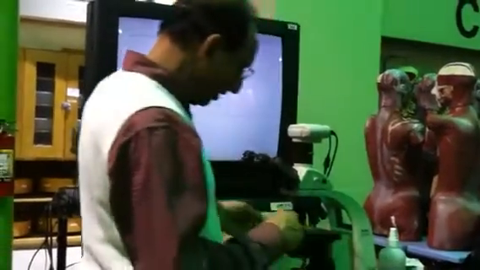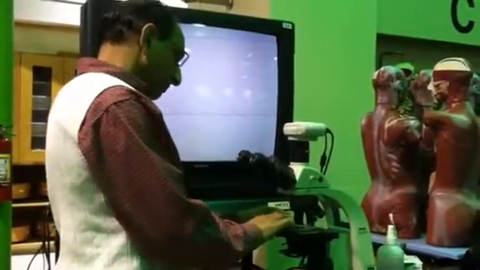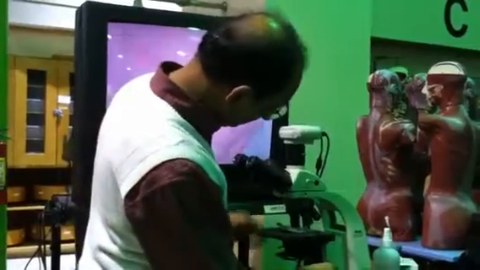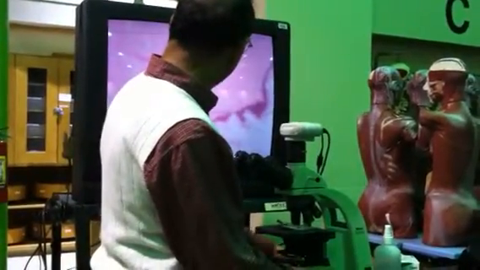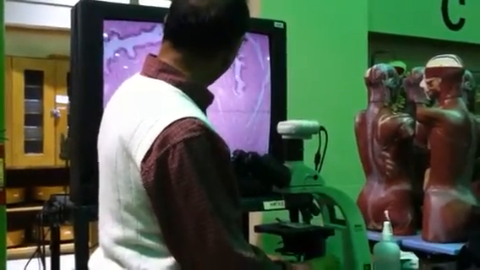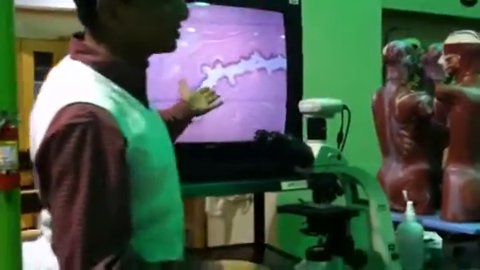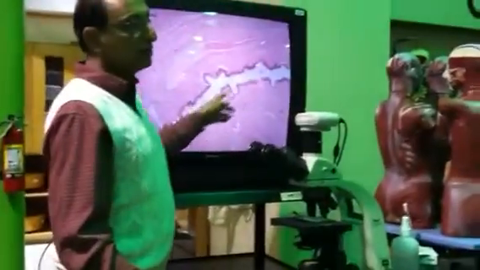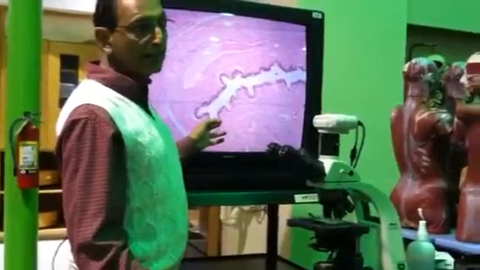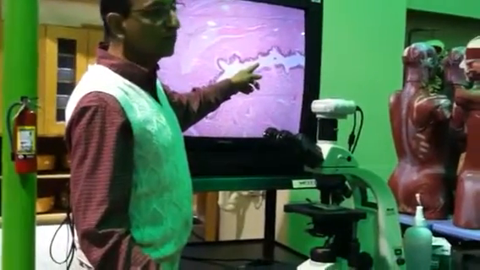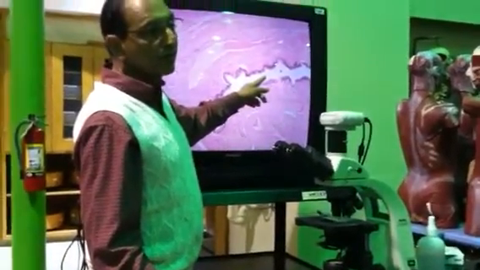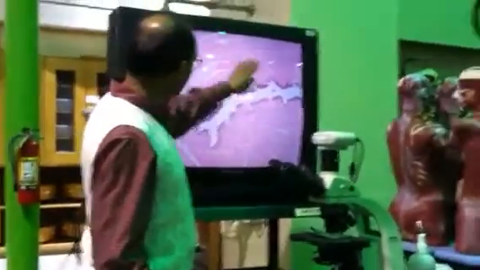Okay, a slide of penis. And in here, oh, this is good. You can see clearly this channel, right? And what is this? The penile urethra. So what is this tissue here?